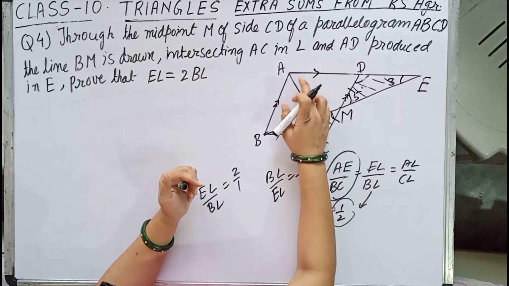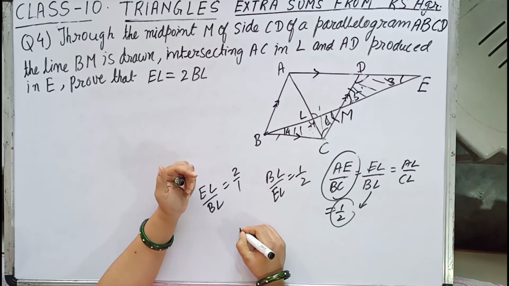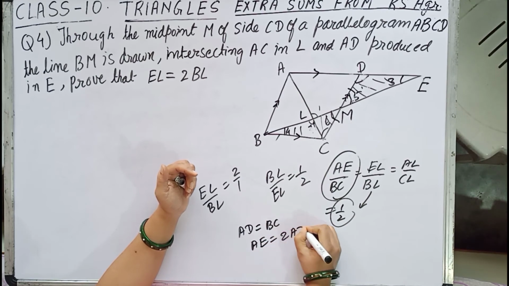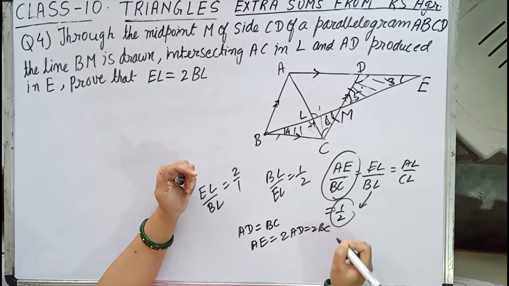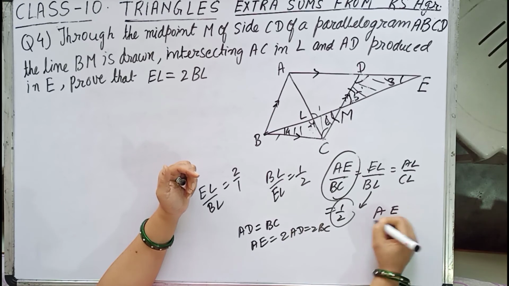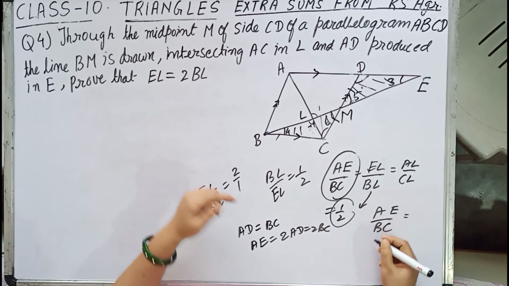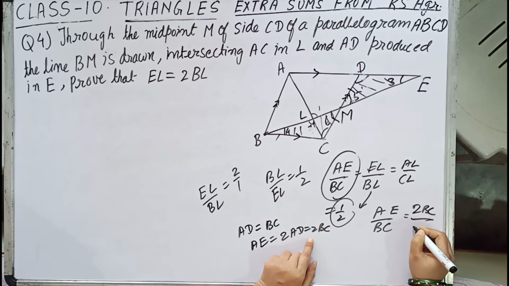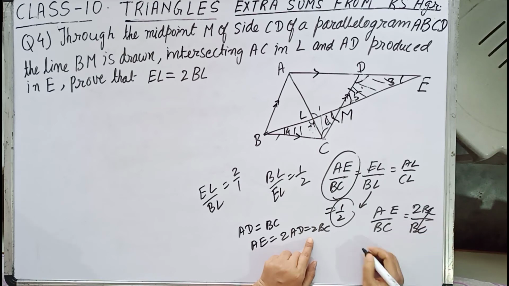So AE equals twice AD, which equals twice BC. So AE by BC equals twice BC by BC, which is 2 by 1.